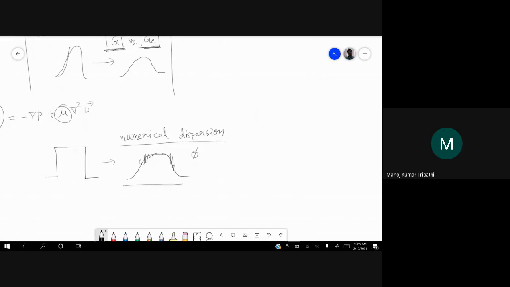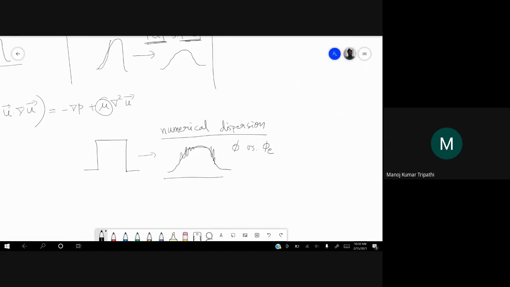So phi versus phi exact. You will see that the phase angle doesn't stay the same as the original exact phase angle for all the Fourier components. Some Fourier components will start leading and some will start lagging. So this is known as numerical dispersion. This can also happen in numerical solutions. So what you want is to minimize both of these things, dispersion as well as dissipation.